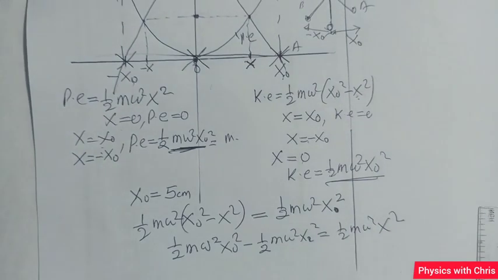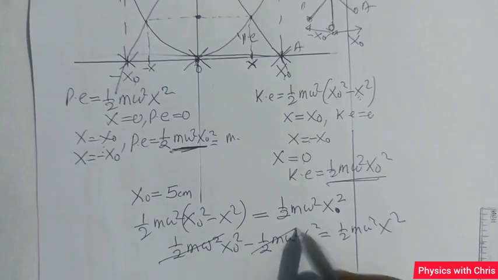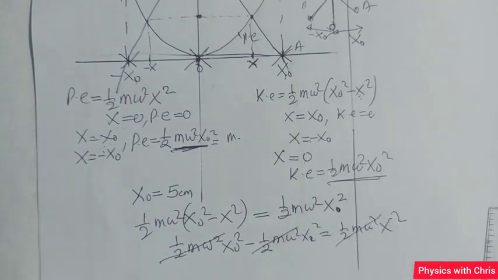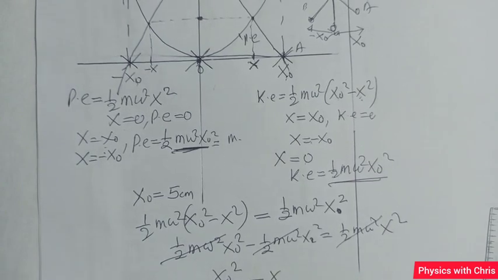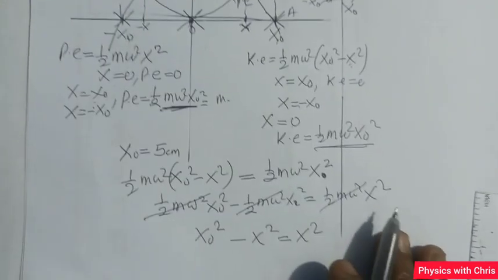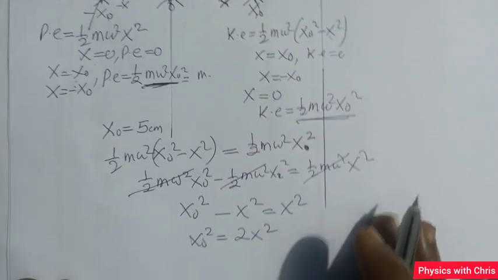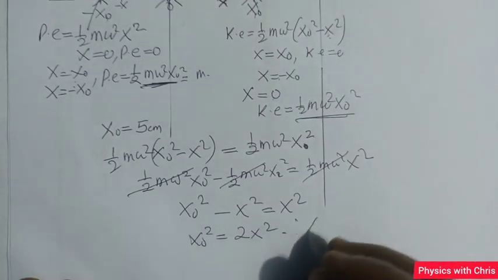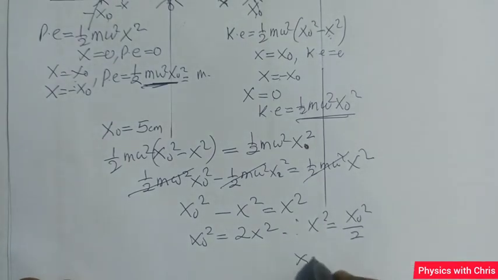What you can simply do here is that these terms cancel out. So what I have left is x naught squared minus x squared equal to x squared. I can bring like terms together, which gives me 2x squared. So x squared is equal to x naught squared over 2. Taking the square root gives me x equals x naught over the square root of 2.